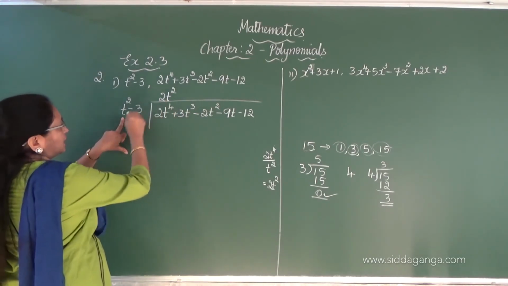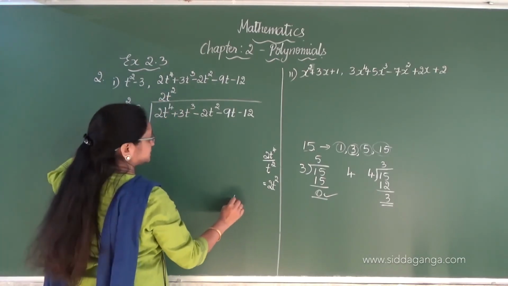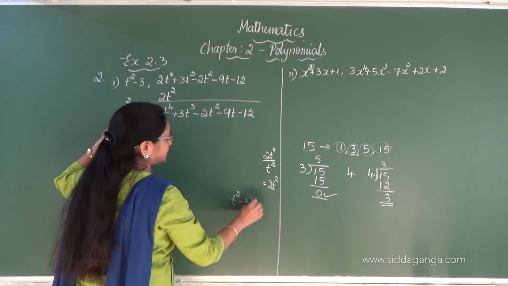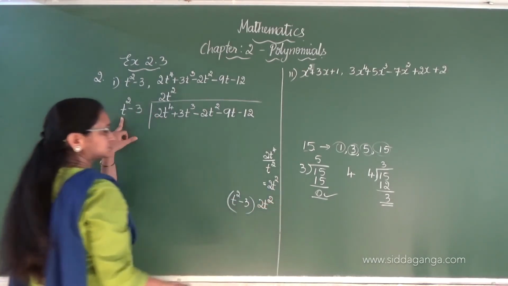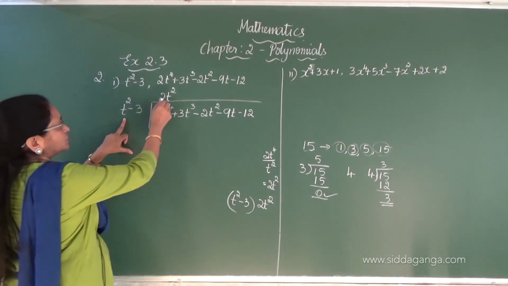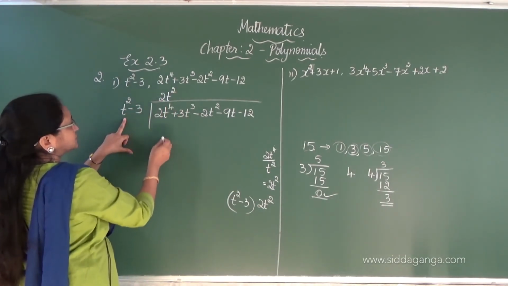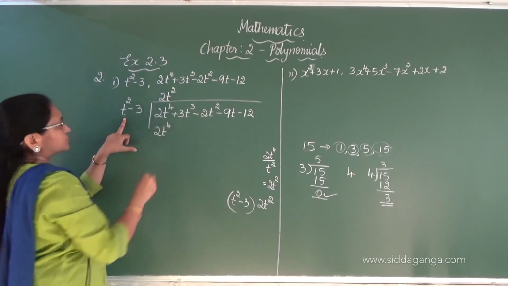So then multiply. You have to multiply t square minus 3 into 2t square. I am going to do it here only in the problem. So 2t square into t square, you will get 2t to the power of 4.